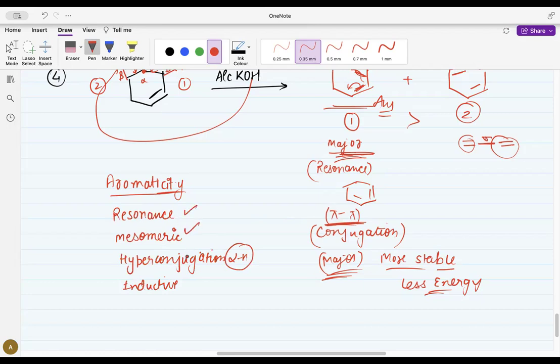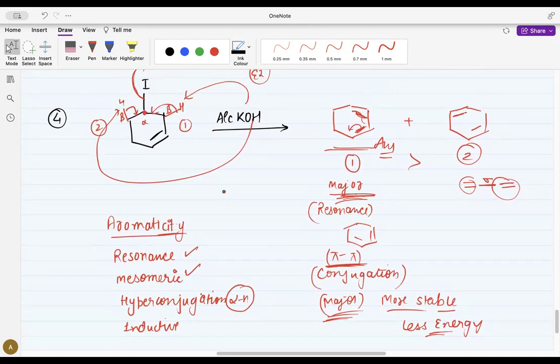But we have more alpha hydrogen in 2. Yes, I know it has more alpha hydrogen, but we have resonance also. If I try to convert resonance into hyperconjugation, one resonance will give you 6 alpha hydrogens.